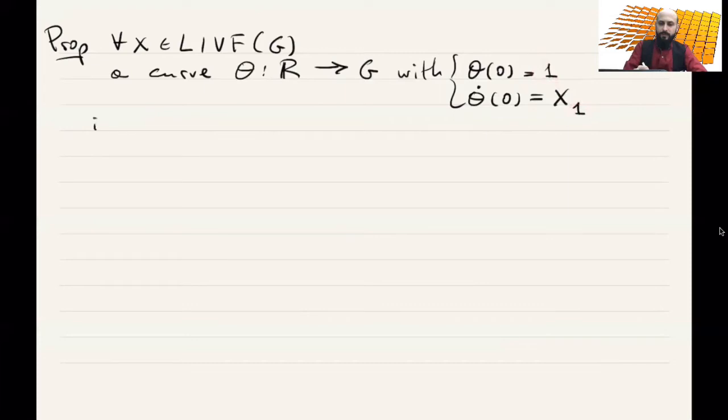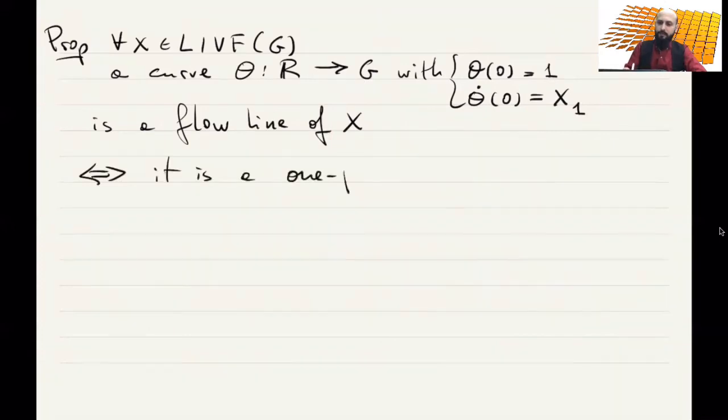Then this curve is a flow line of x, in other words a solution of the ODE given by x, so that the derivative of this curve is equal to the vector field x, if and only if it is a one parameter subgroup. We will write OPS for one parameter subgroup.